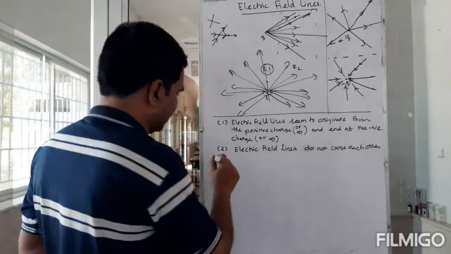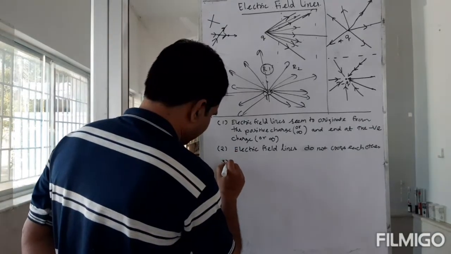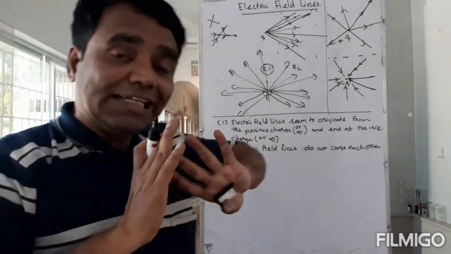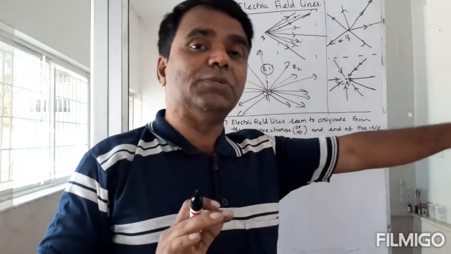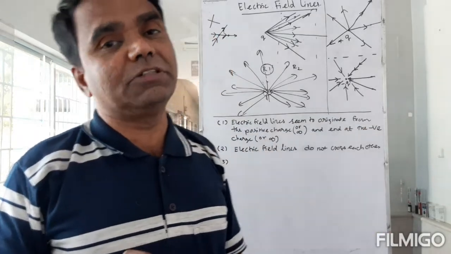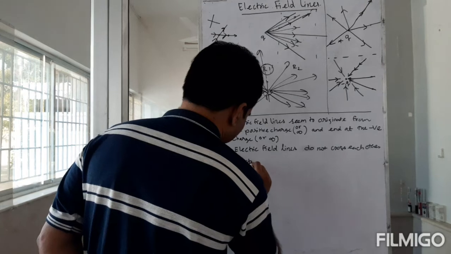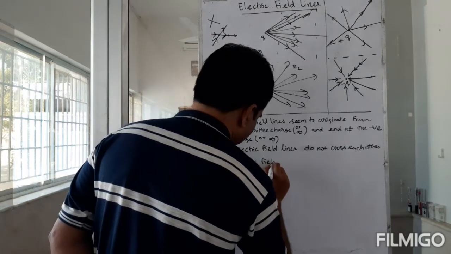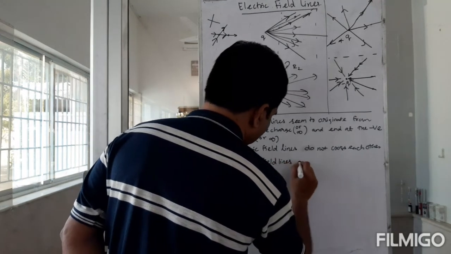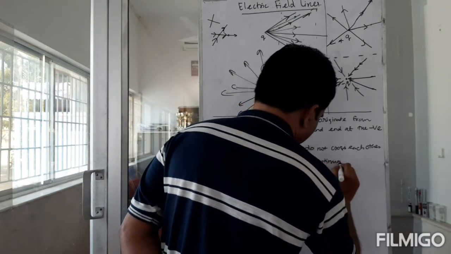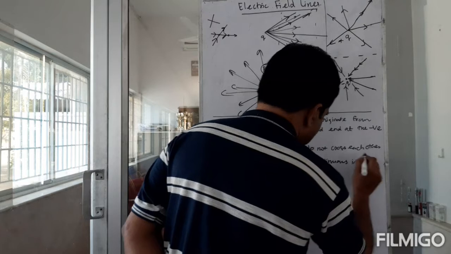And then the third point: the electric field lines are continuous in a charge-free region.